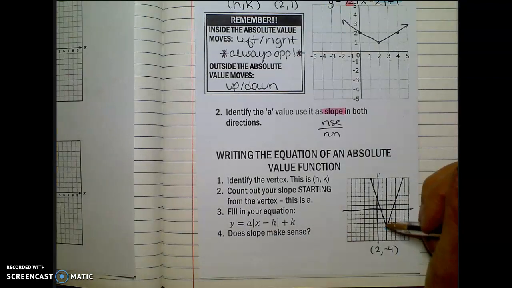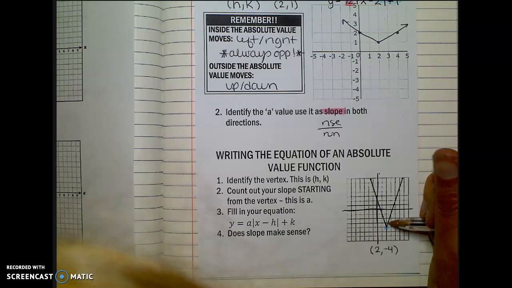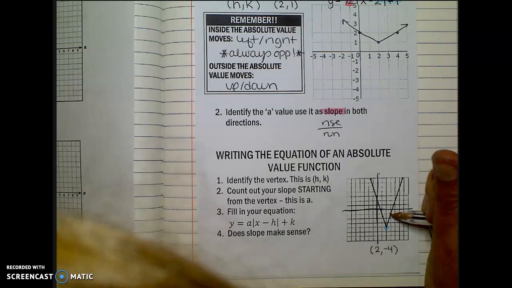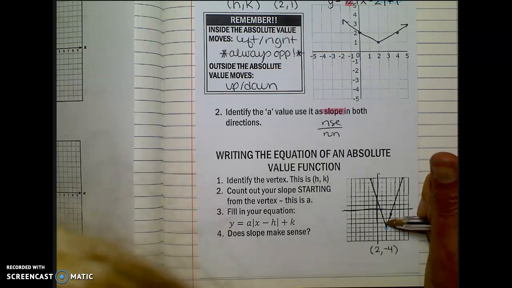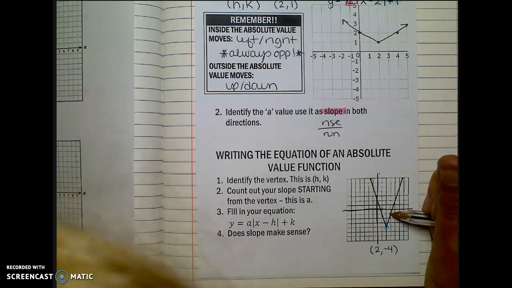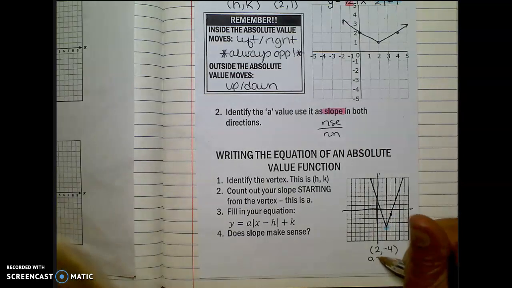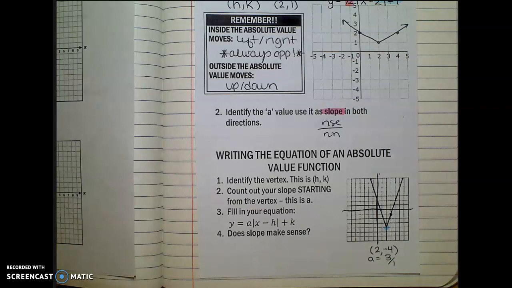And then I can count out my slope starting from the vertex and looking for another really nice point that goes through the crosshairs of my graph. So right here is good. So then I can count up 1, 2, 3 over 1. And so my A value is 3 over 1, or 3.